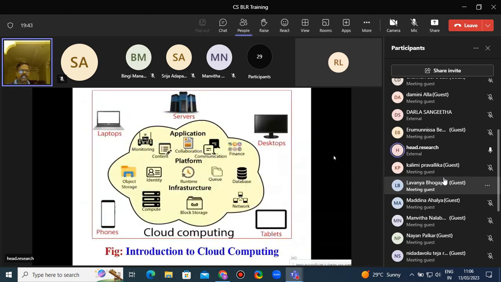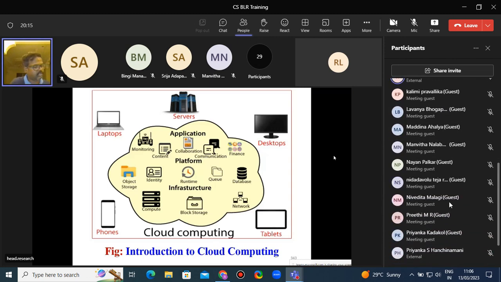If you see the diagram, the introduction to cloud computing, with the help of different gadgets like phones, tablets, desktops, laptops, servers, we are accessing the information from the service provider.